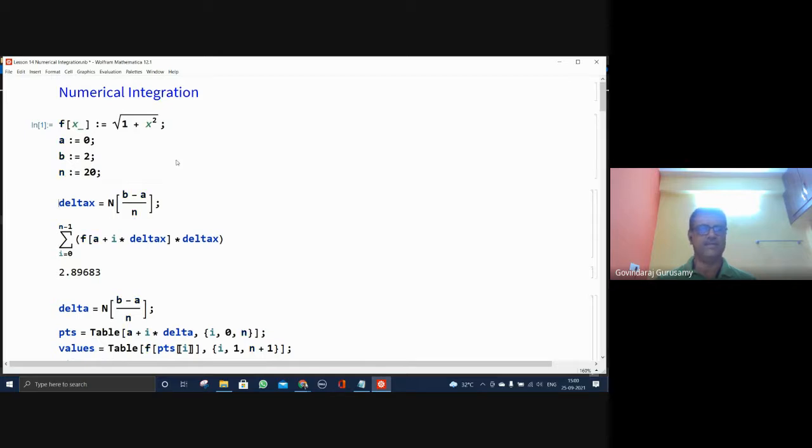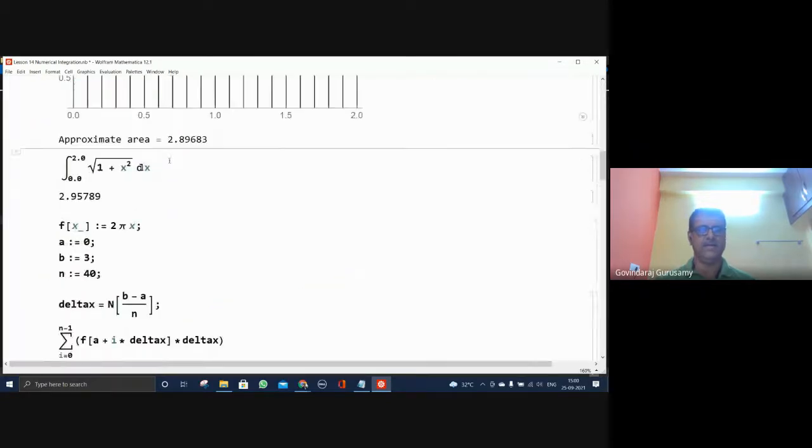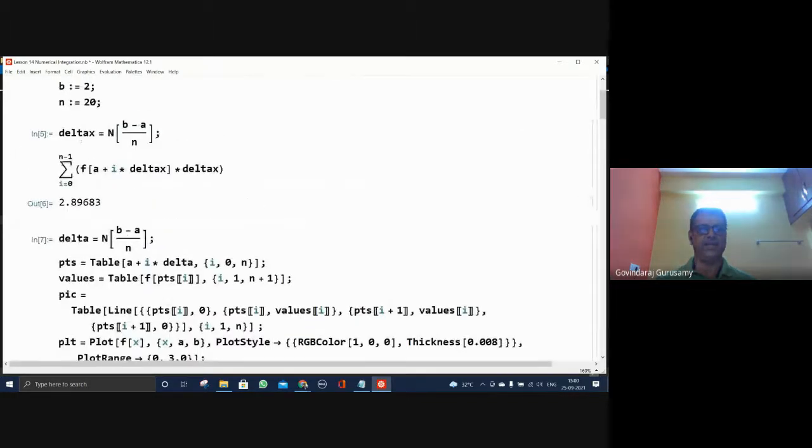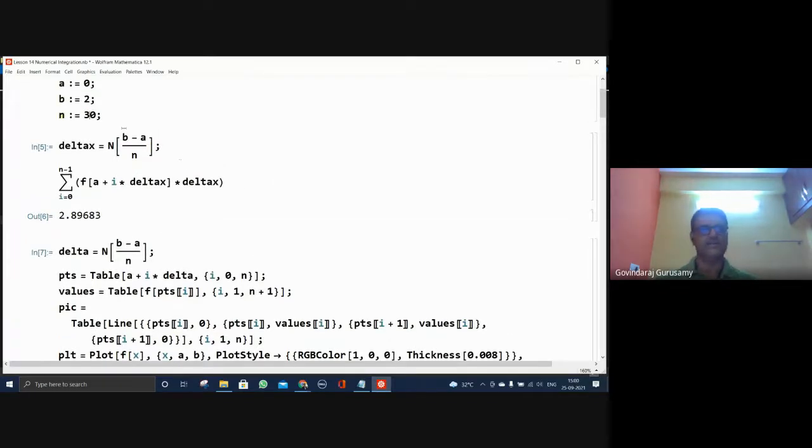Here it is plotted, and the area is given, and you can find the difference. Suppose you just make note of this number, 2.89683. If I make it 30, what would you expect? What would you expect?